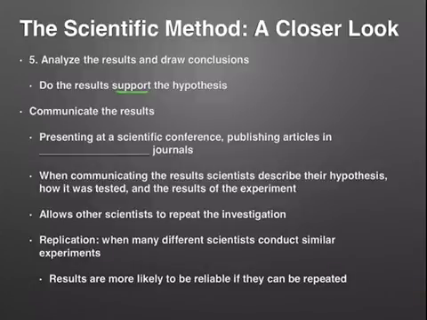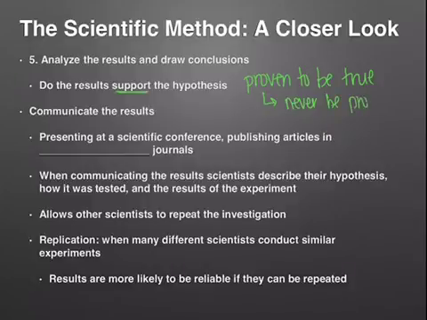In science, we never say that a hypothesis was proven to be true, because that indicates that it can never be proven false. And that's just not the case. Scientists are always prepared to have a hypothesis not be supported.